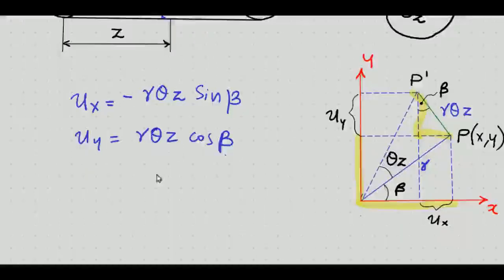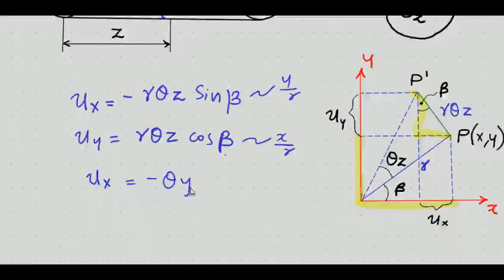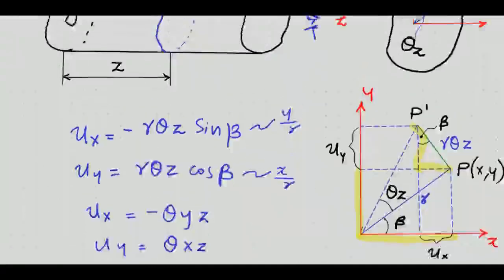So we can say that ux is equal to minus theta y z, and uy is equal to theta x z. And according to Saint Venant, for any cross section there will be a deformation in the z direction.